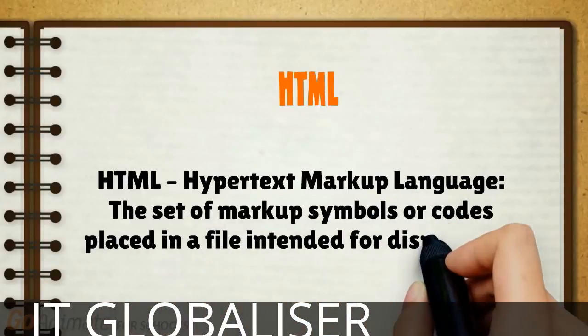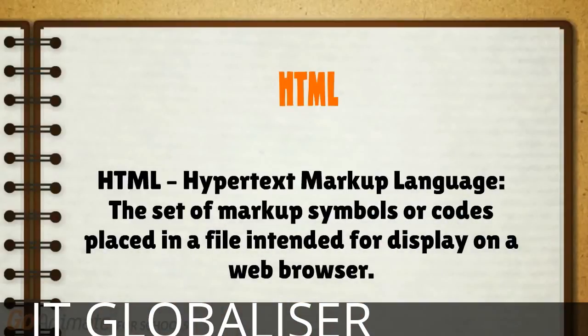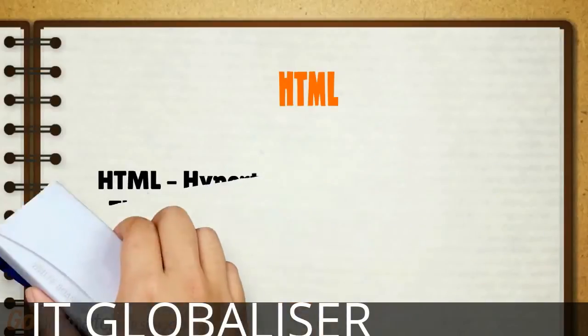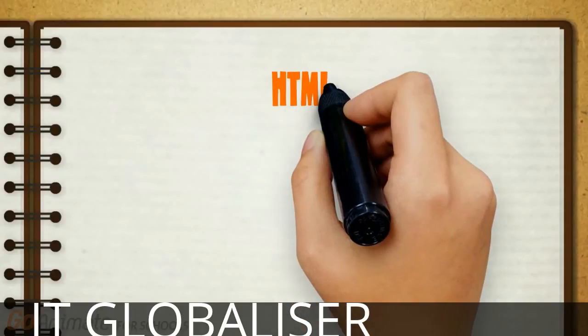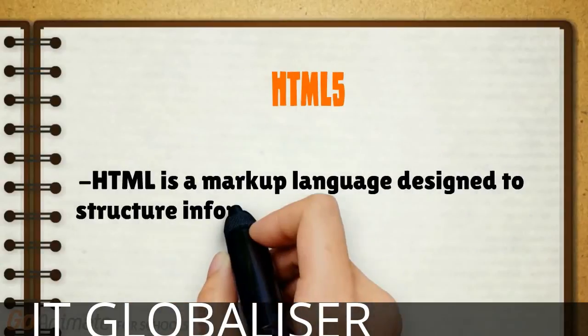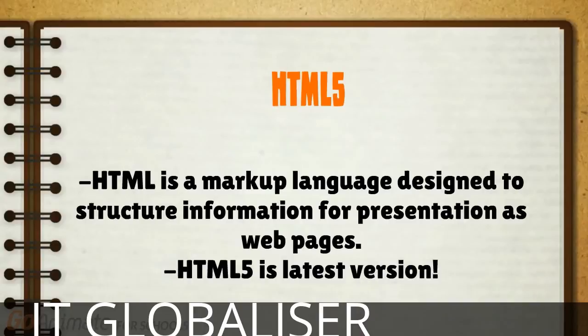HTML, Hypertext Markup Language, is the set of markup symbols or codes placed in a file intended for display on a web browser. HTML is a markup language designed to structure information for presentation as web pages. HTML5 is the current version and it has changed the game of the web world.